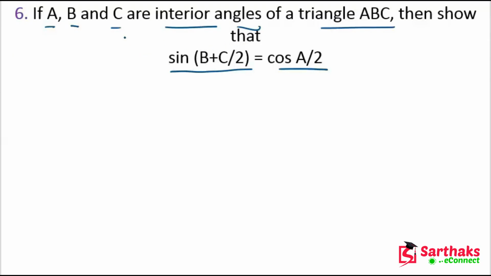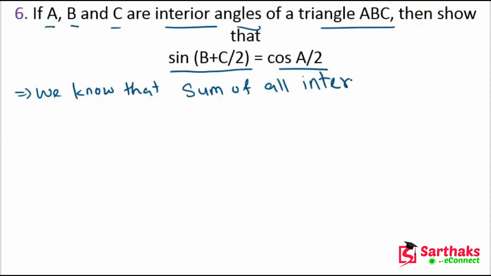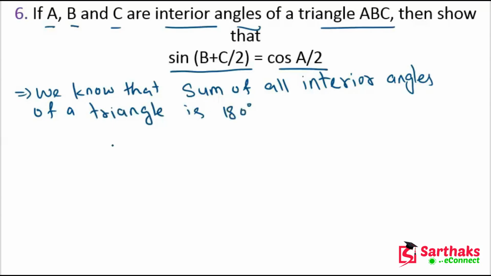We know that for a given triangle, the sum of all interior angles is 180 degrees.